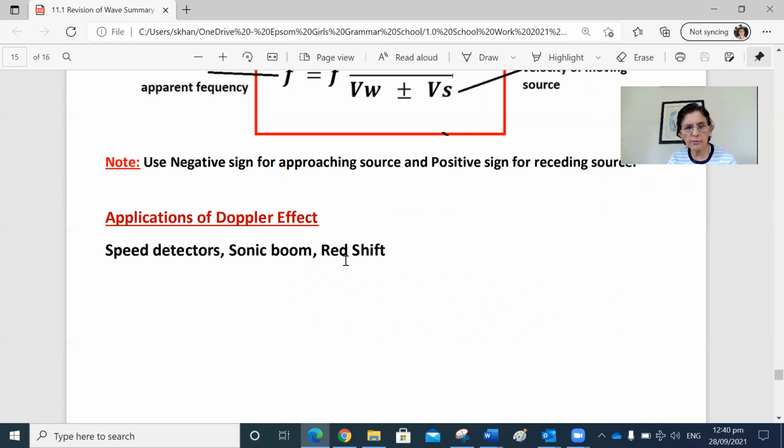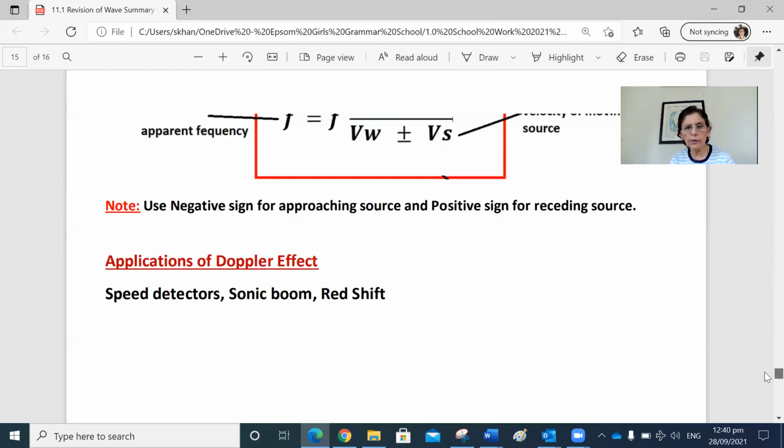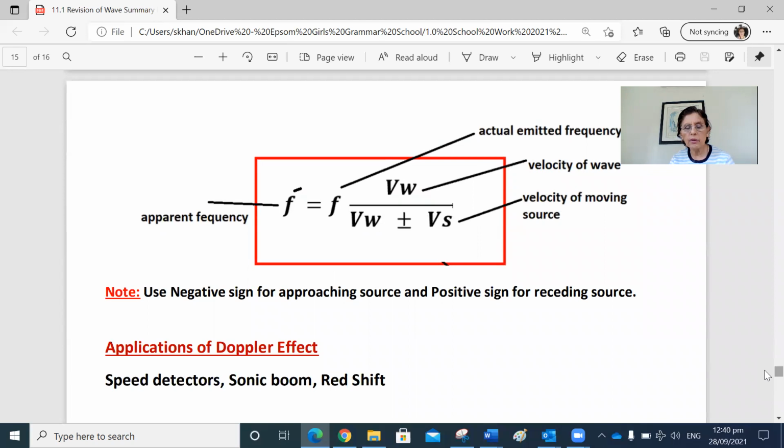What redshift is, now this Doppler effect happens in all different types of waves, whether they are sound waves, or light waves, or microwaves. So if light waves are moving away from us, the observer, for example from stars, since space is expanding, all the stars are moving away from each other.